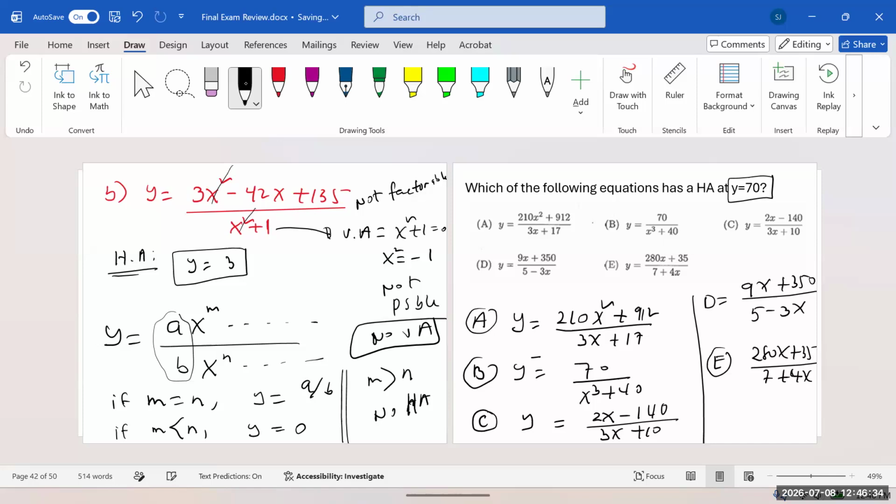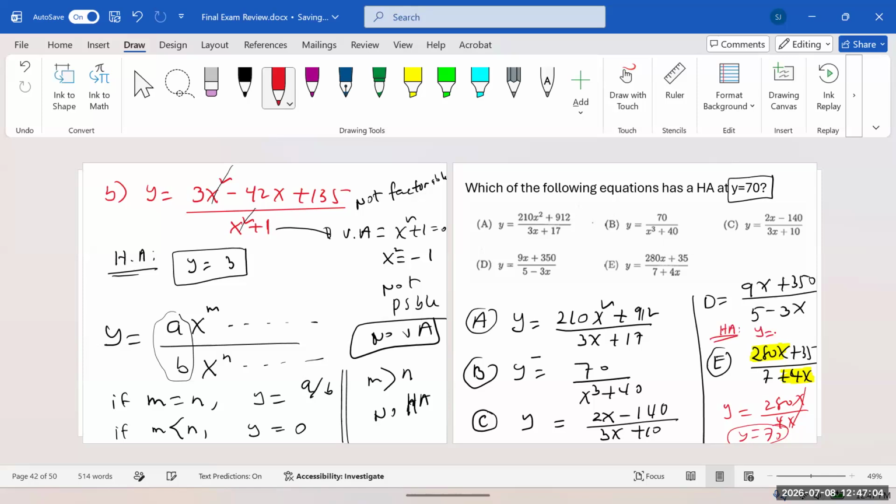So which of these has horizontal asymptote 70? E. How do you know? We have 280x divided by 4x. Y equals 280x divided by 4x, x cancel out, the answer is 70. How about the horizontal asymptote for D?